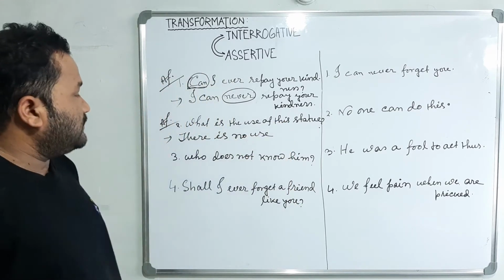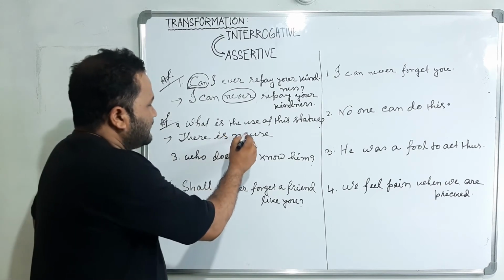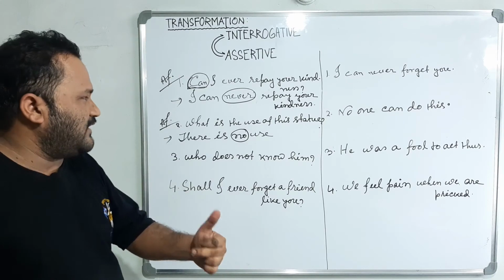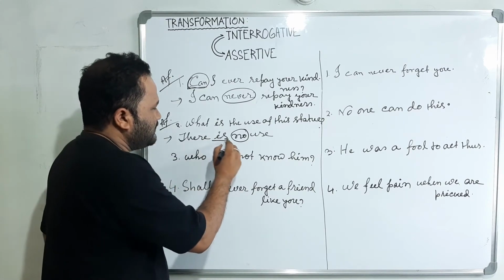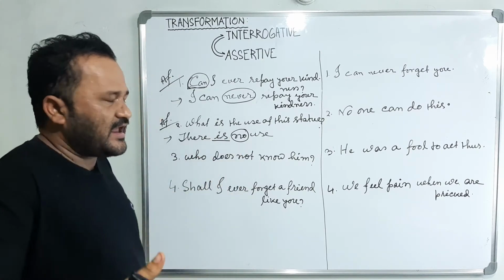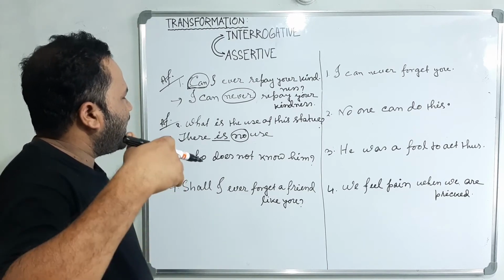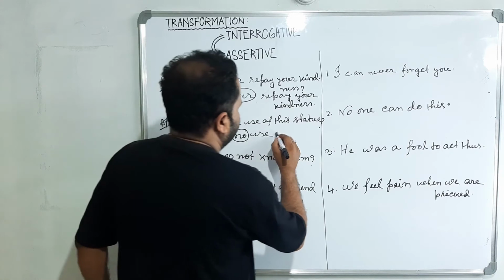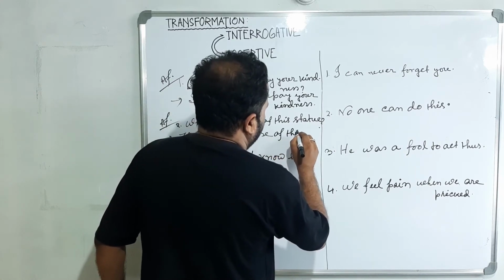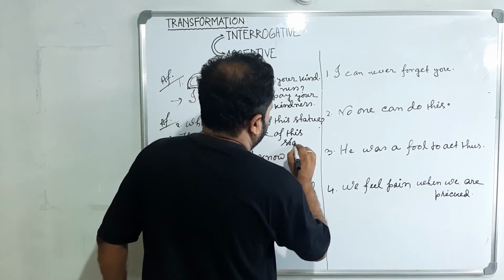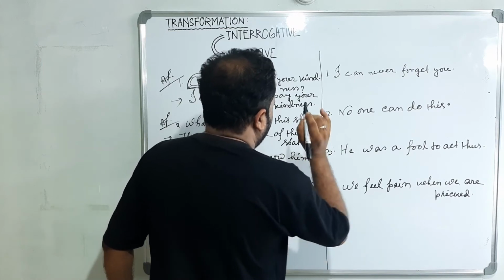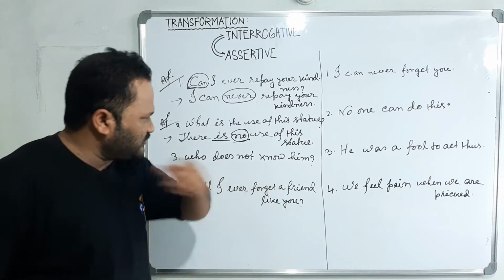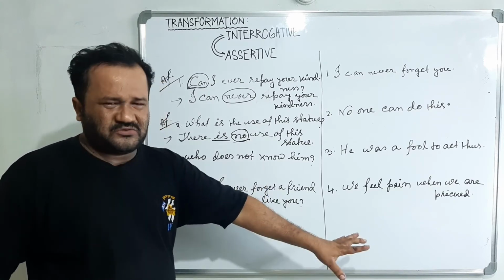You can also notice here that no is used after the be verb, which here is the main verb. There is no use of this statue. Full stop. So it's a negative sentence. What is the use of this statue? There is no use of this statue.